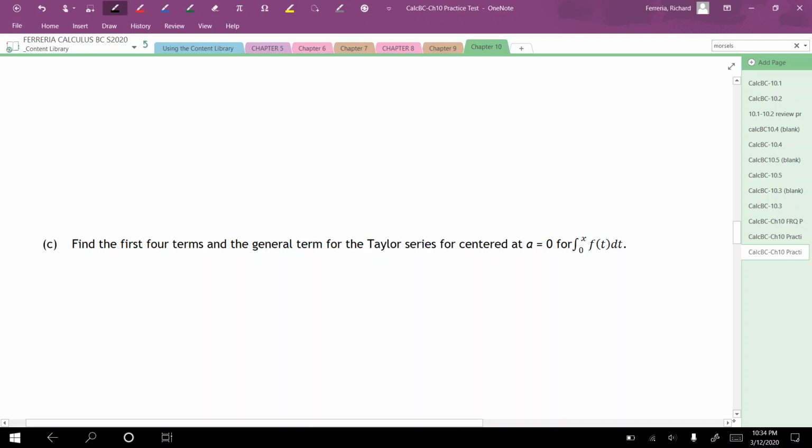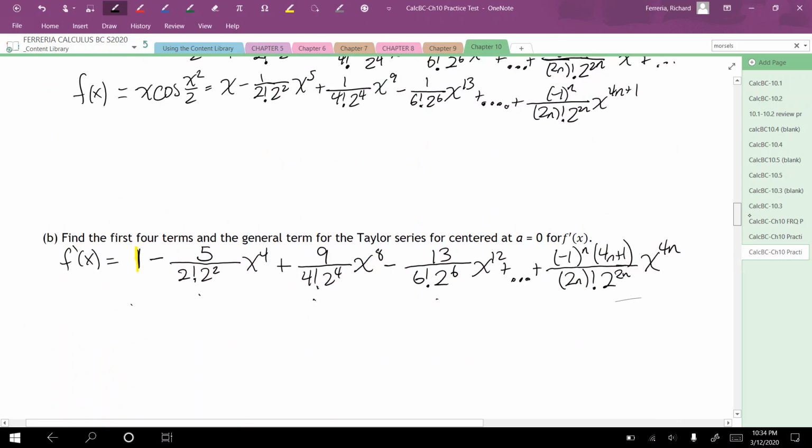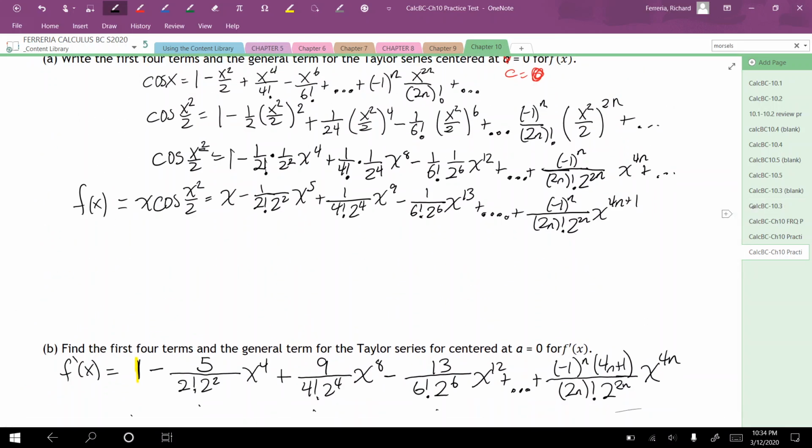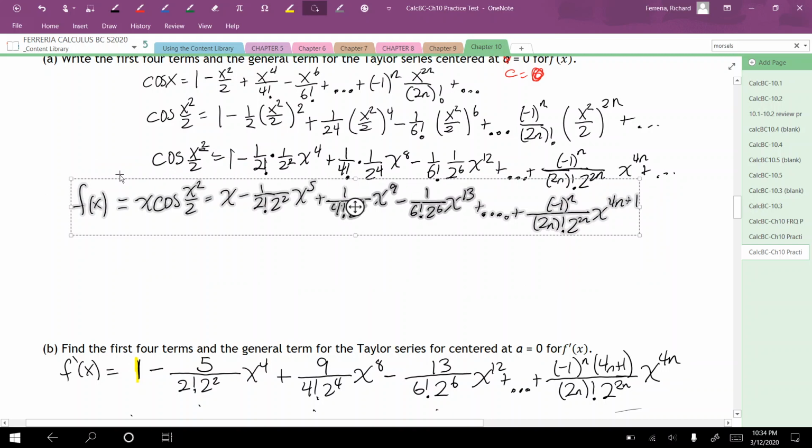Okay, so now we're supposed to take the integral of f of t. Let's see, can I copy and paste f of x over? Should be able to. Let's lasso. Ooh, that is nice.